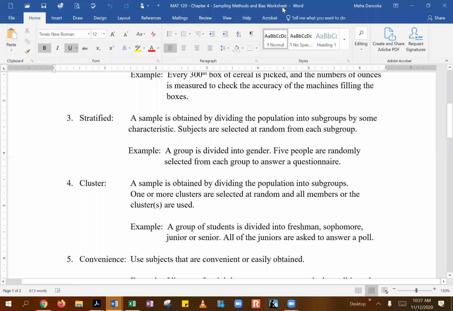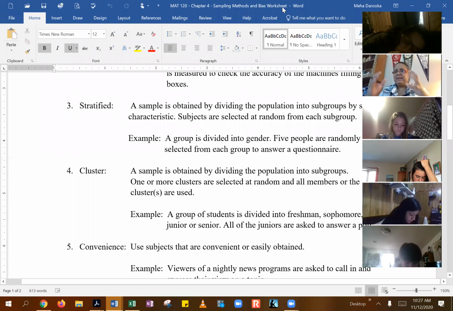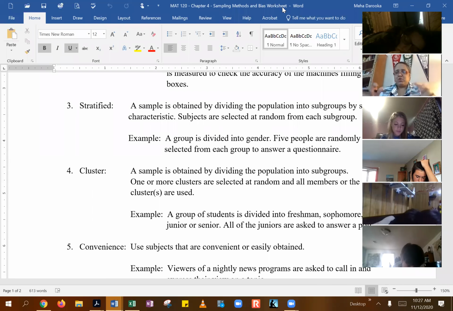If we go back to comparing stratified and cluster sampling, let's say we divided our population into age groups. We went from maybe, well, 1 year to 10 years, because a baby's not really going to give you an answer at 0, or you can do 11 years old to 20 years old, 21 to 30, 31 to 40.